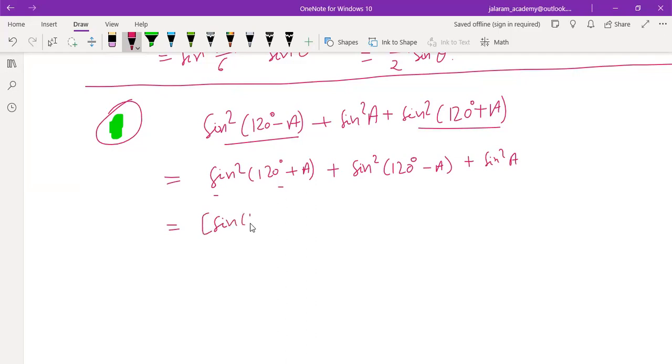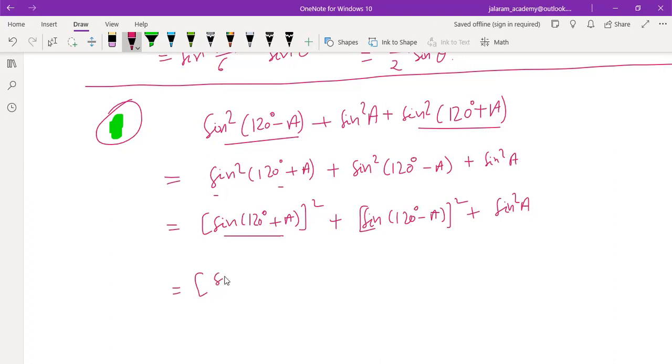Means what? If you use sine 120 degree plus A whole square, then sine 120 degree minus A whole square plus sine square A. Now use sine A plus B in this bracket.